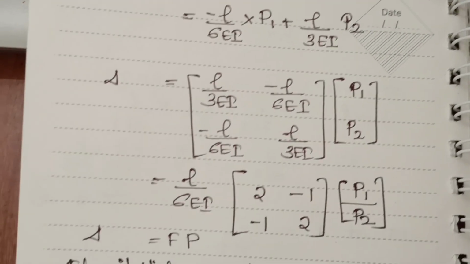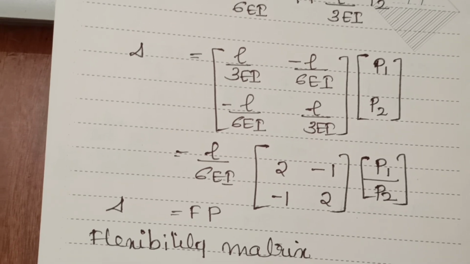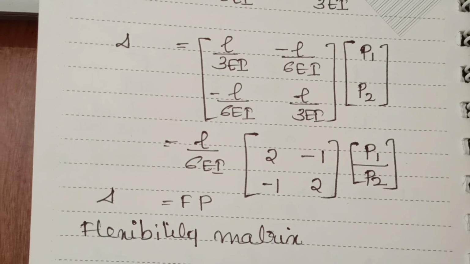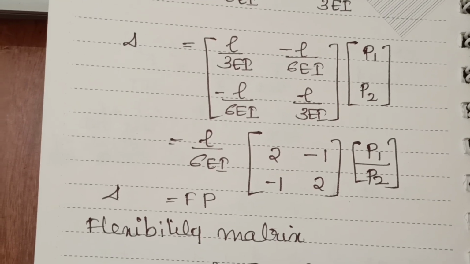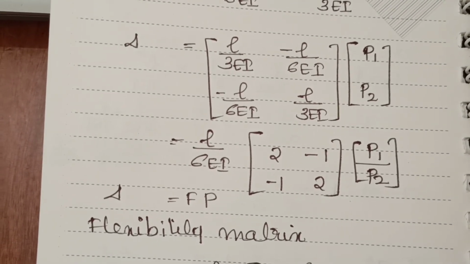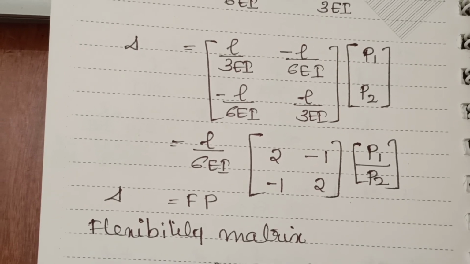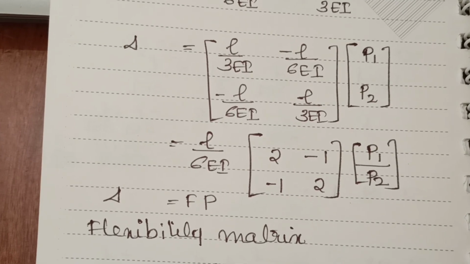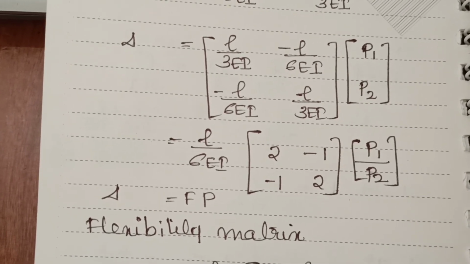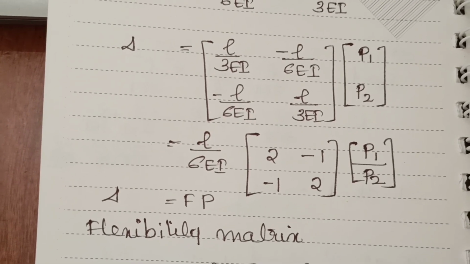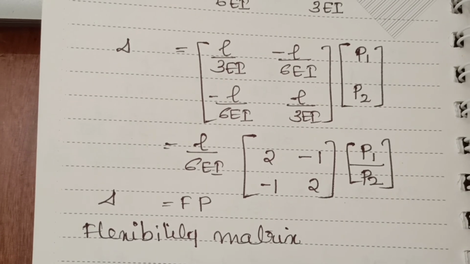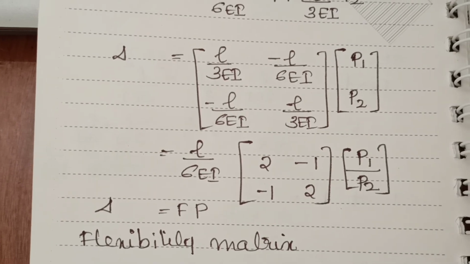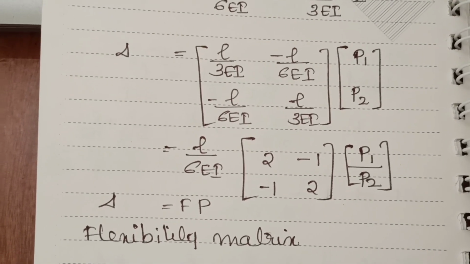Hence, we can write the total slope or total displacement as delta is equal to, by writing this equation in matrix format, L by 3EI, minus of L by 6EI, minus of L by 6EI, L by 3EI, into P1, P2.